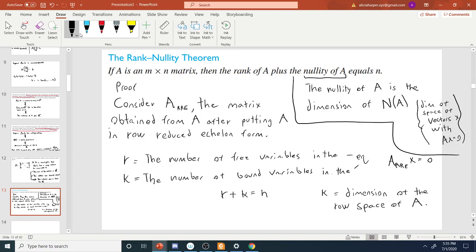Well, A and the row-reduced echelon form of A have the same row space.